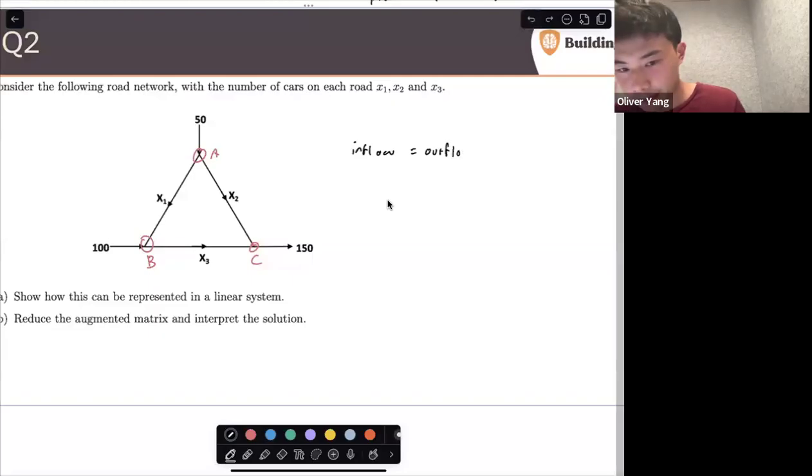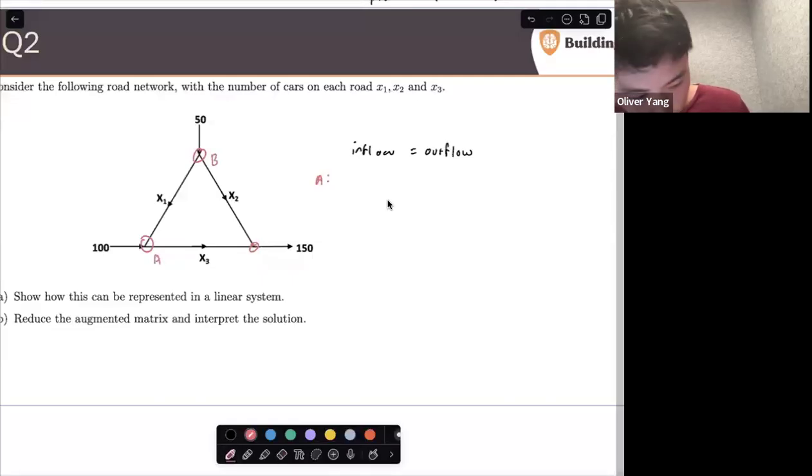So basically at point A, what's our equation going to be? Well, we've got x1 and x2 coming out of the system, right? Actually, let's reallocate this. Let's do ABC.